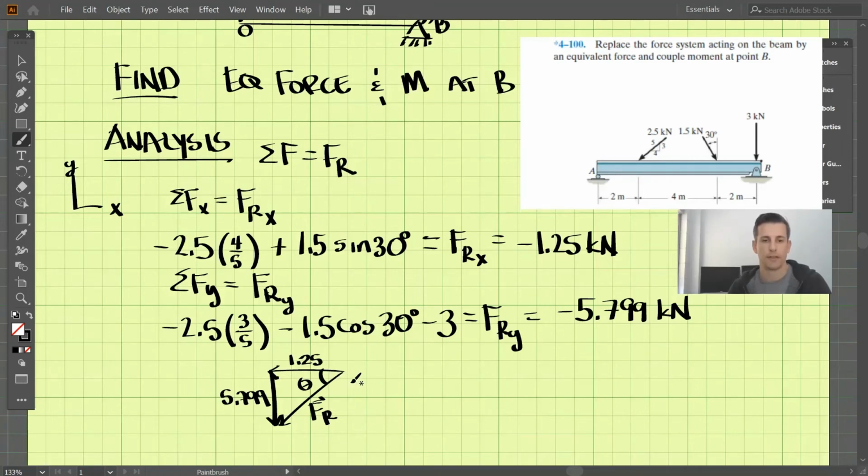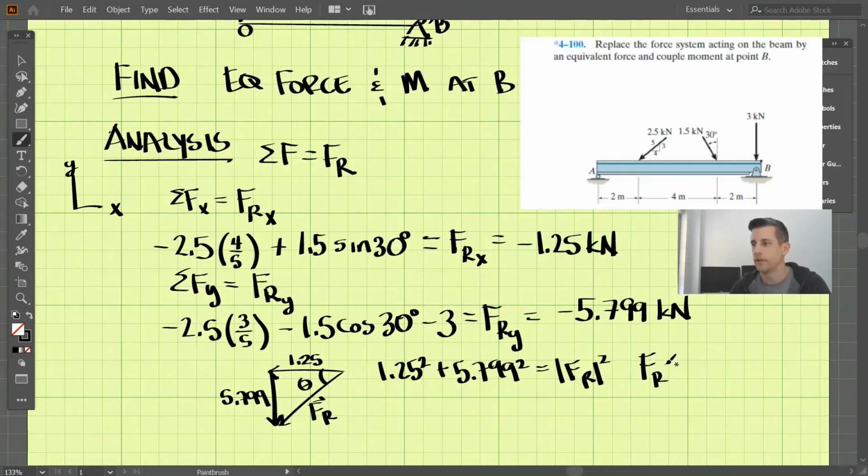Doing the Pythagorean theorem, 1.25 squared plus 5.799 squared equals the magnitude of FR squared. The magnitude of FR comes out to be 5.93 kilonewtons.